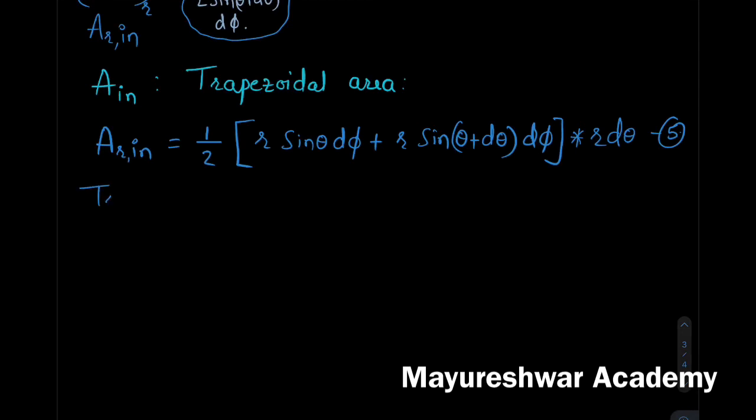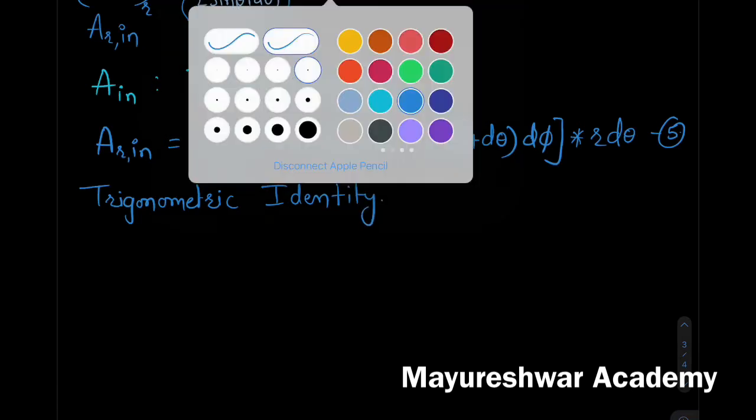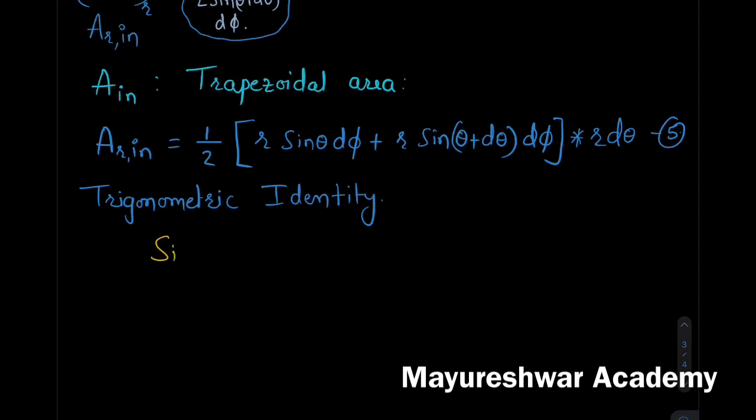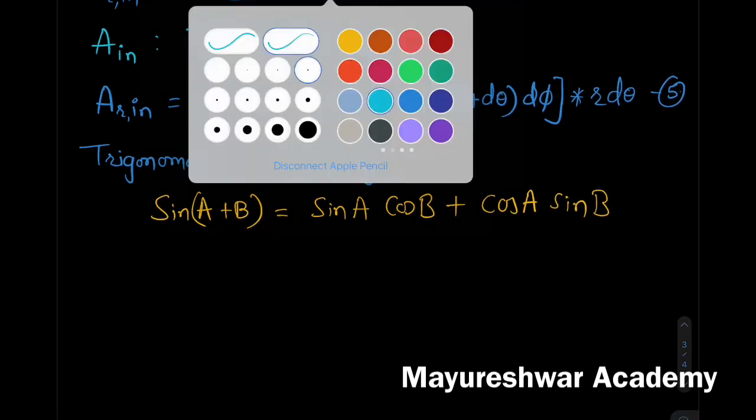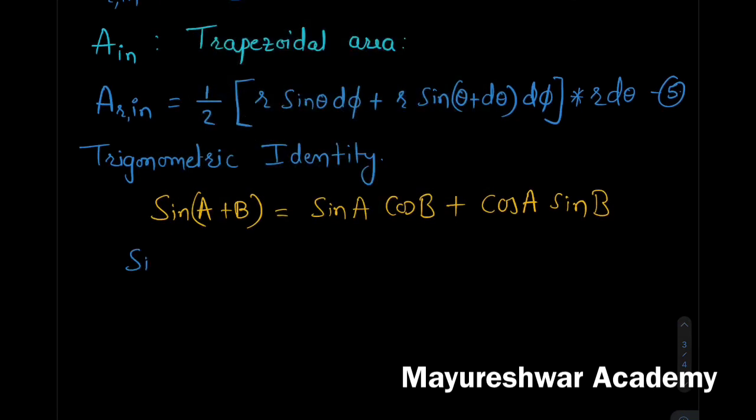Okay, so the trigonometric identity of sine a plus b, we know that this formula is sine a plus b equals sine a times cos of b plus cos of a times sine of b. Okay, so the same is for sine of theta plus d theta, and it is going to be sine of theta times cos of d theta plus cos of theta times sine of d theta.